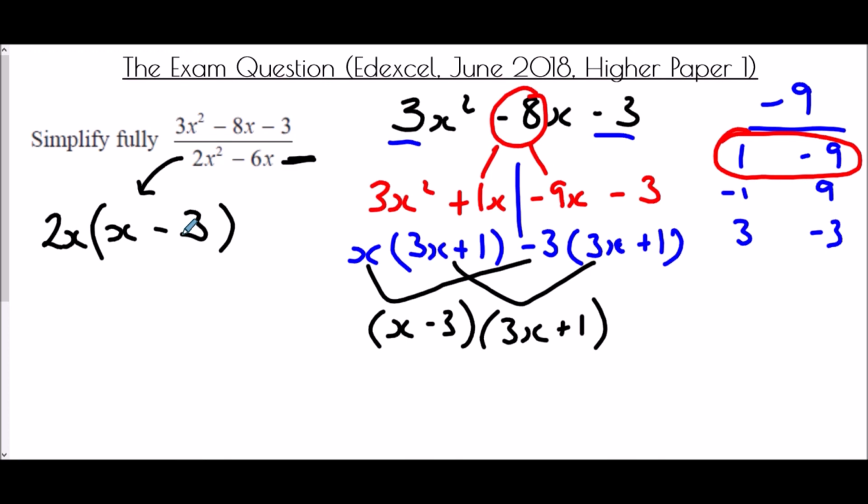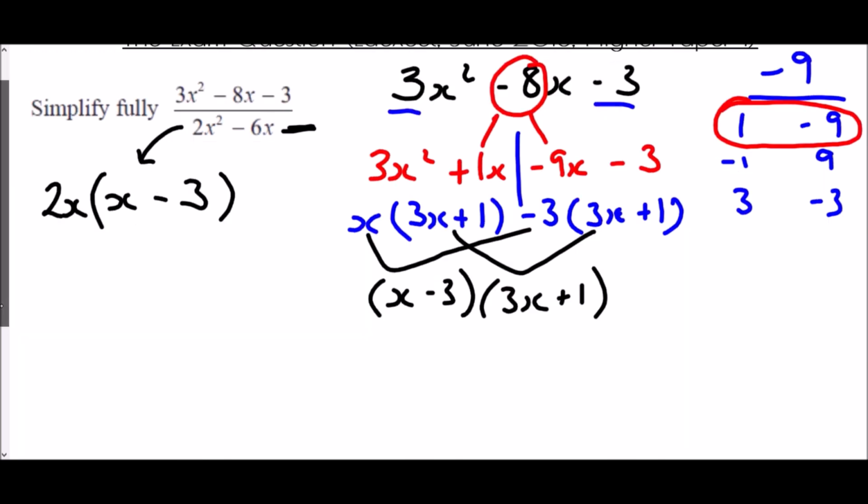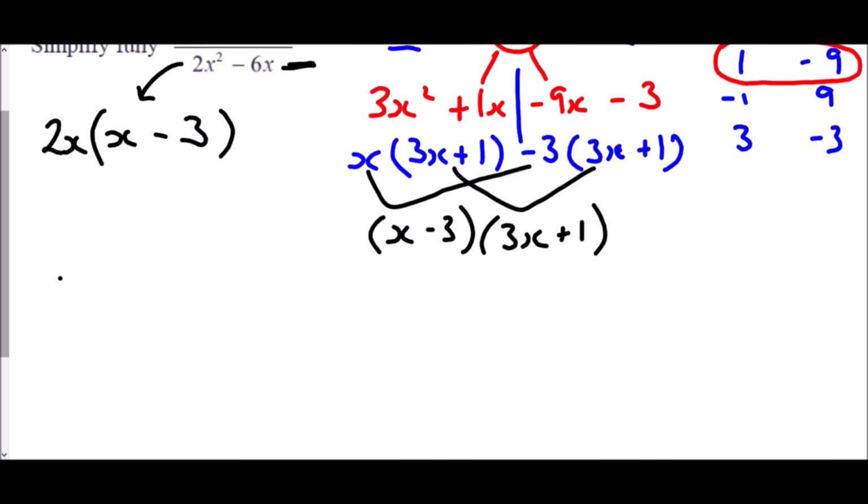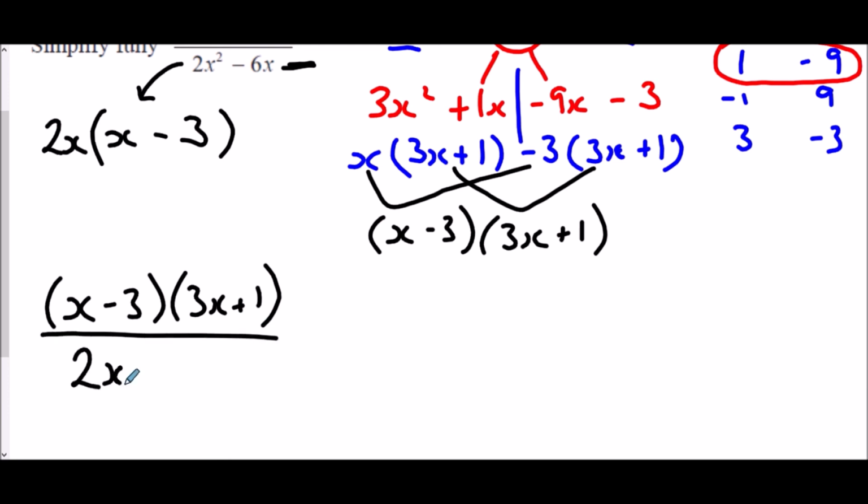And so the expression, once it is factorised, it would be x take away 3, 3x plus 1, all over 2x brackets x take away 3. And whenever you are trying to simplify a fraction, what you are looking for is a common factor which you can divide the top and bottom by.